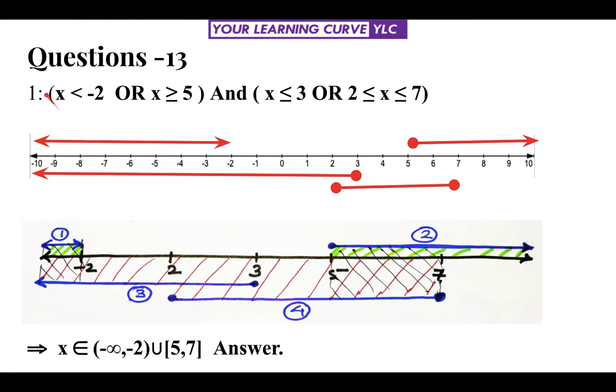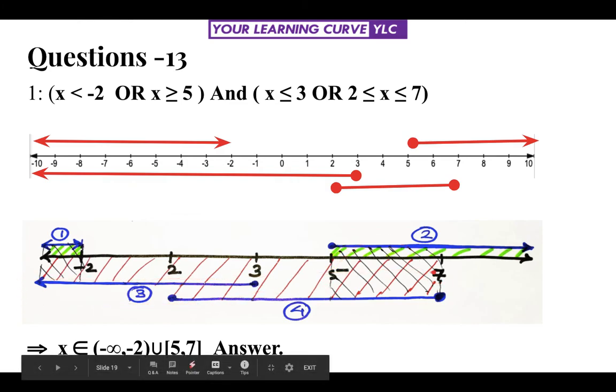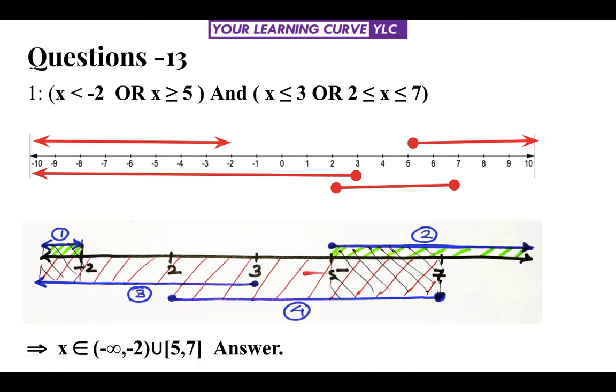For the second bracket, anything from minus infinity to 7 will satisfy. You see the entire red portion, means anything lying between this will satisfy the second bracket, because we are combining these two inequalities by OR.